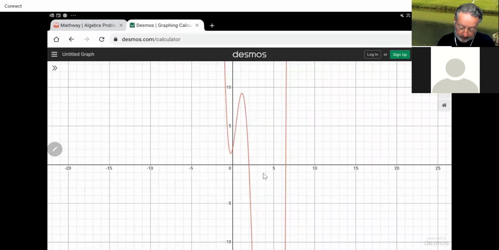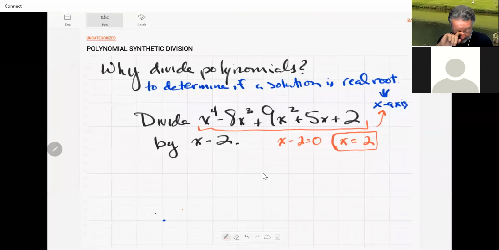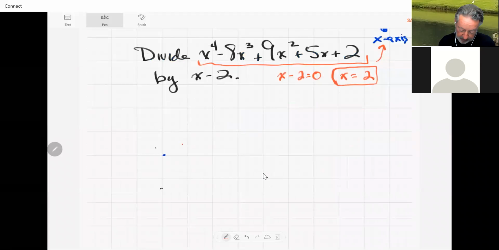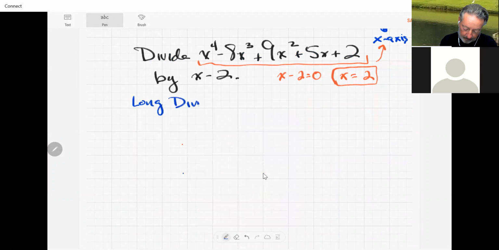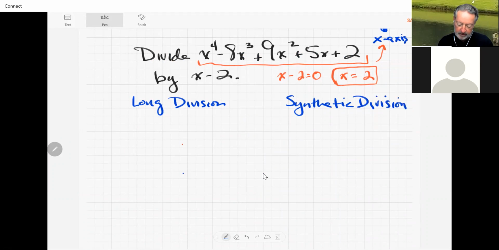But dividing is another way to do it. There are two ways that you can divide. One is long division, which you learned and I'm sure hated every time you had to do it. And then there's another one called synthetic division, which is some kind of a shortcut or slightly different method.